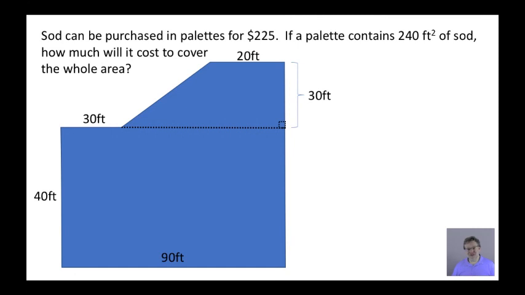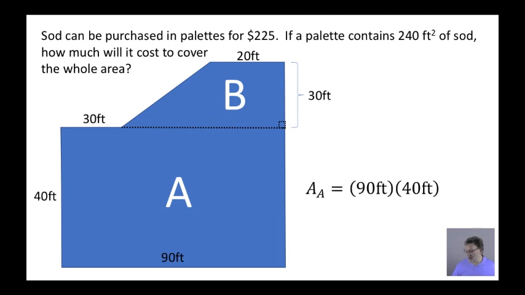Okay, so once again, I'm dividing this section up into two subsections, one that's A, one that's B, and I'm calculating the area of part A as being 90 feet times 40 feet, which is 3,600 square feet. And we're once again calculating this distance here as being 90 feet minus 30 feet, or 60 feet.